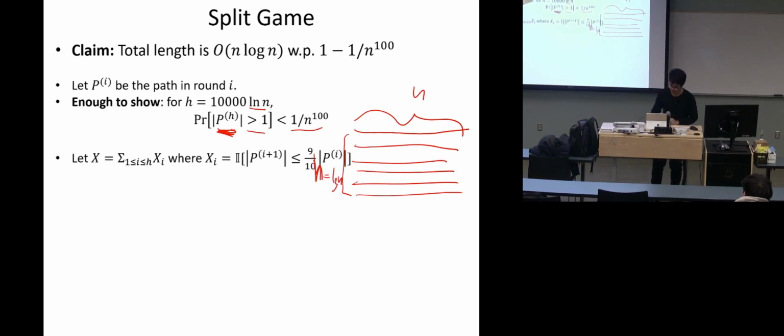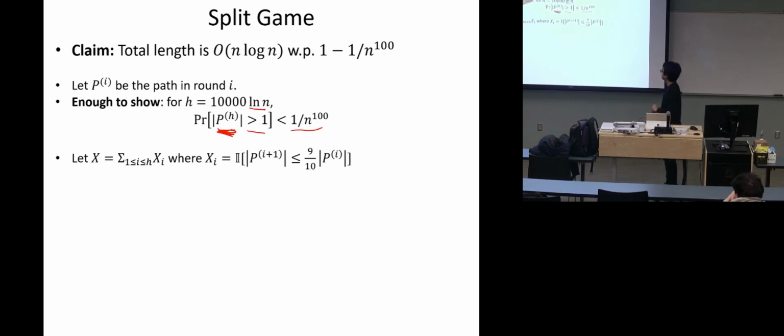So how should we do this? Well, what I'm going to do is say that x_i is an indicator that p_i, the path after round i, shrinks in size by quite a bit, by a 9/10 factor. If the path shrinks by a constant factor, then I say that x_i is 1.